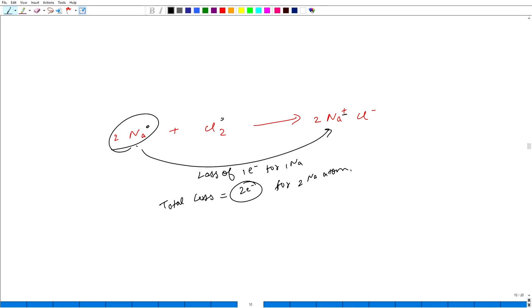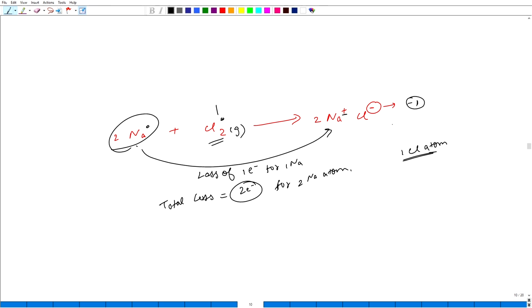Similarly, see the case for chlorine. The charge on chlorine is 0, the charge on chlorine here is minus 1. Okay. That means, carefully see what I am saying, one Cl atom is gaining one electron. How many Cl atoms do we have? 2 Cl atoms forming a chlorine gas.